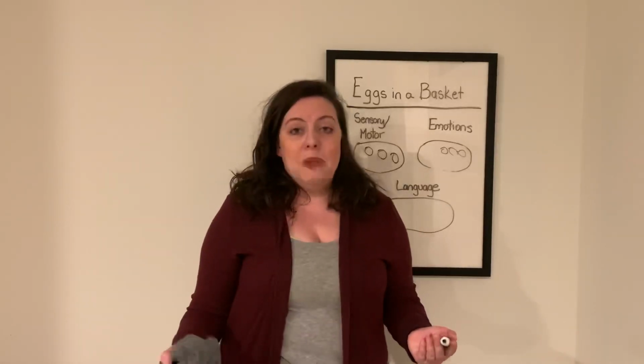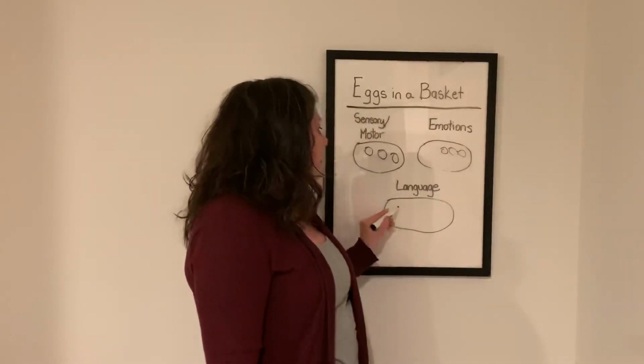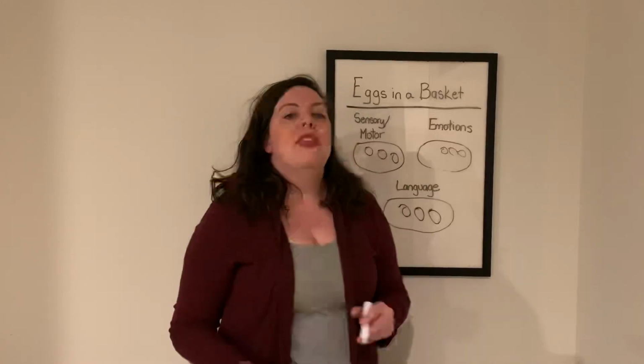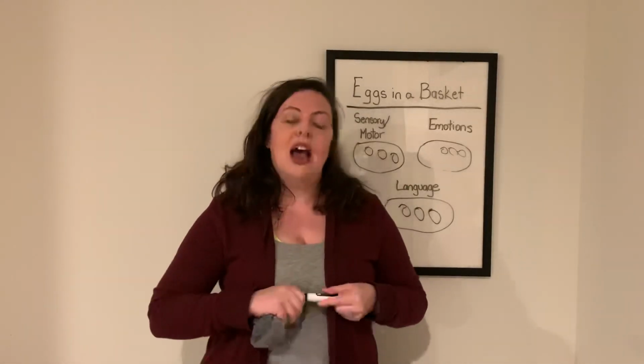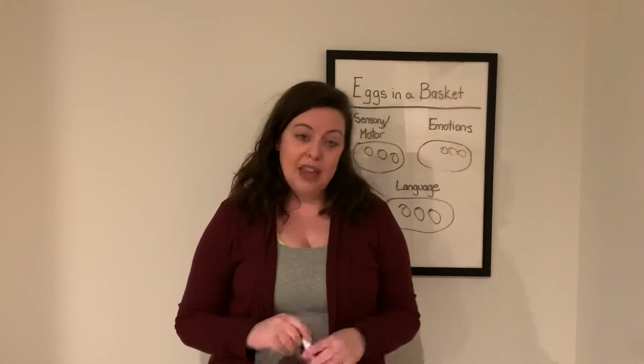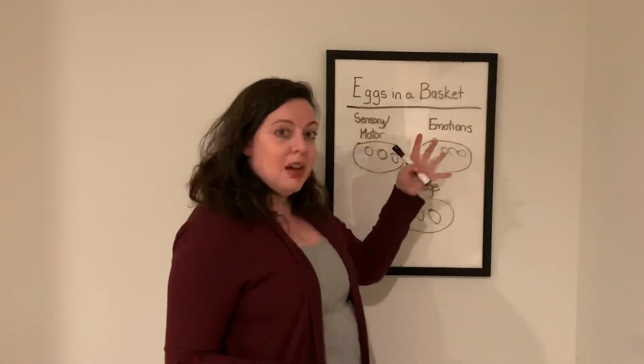Are you sad because something hurts? Or are you sad because the door is open? So giving them some of those verbal choices that they don't have access to can help them put those eggs back into the language basket.